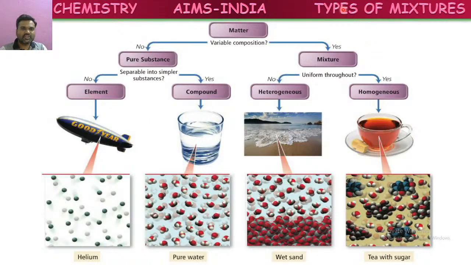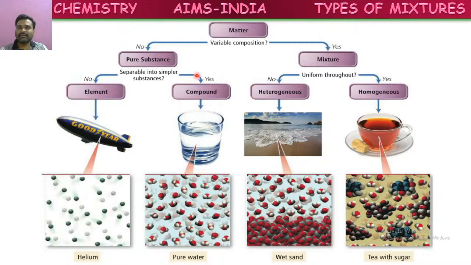So this is a flow chart about the classification of matter. Here we discussed now mixtures. Even we told at the starting about pure substances and impure substances. So the pure substance is made up of only one kind of particles. That might be an element or a compound. If it is made up of only one kind of atoms, then it is said to be an element.